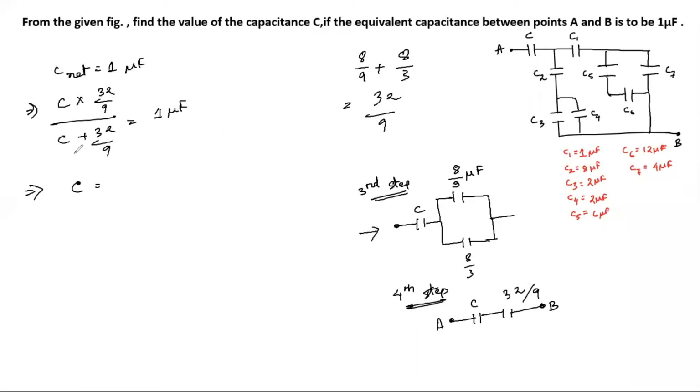So, I'm directly doing it. You should be able to do it. Take this C plus 32 by 9 to the other side, and then you solve it. So it would be something like 32 by 23. And when you divide it, that value is going to be something like 1.39 microfarad. So this is the capacitance value of this capacitor.